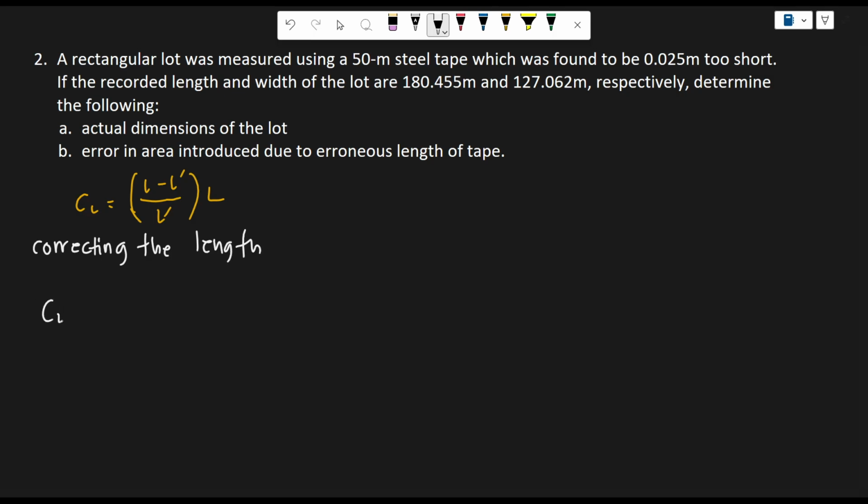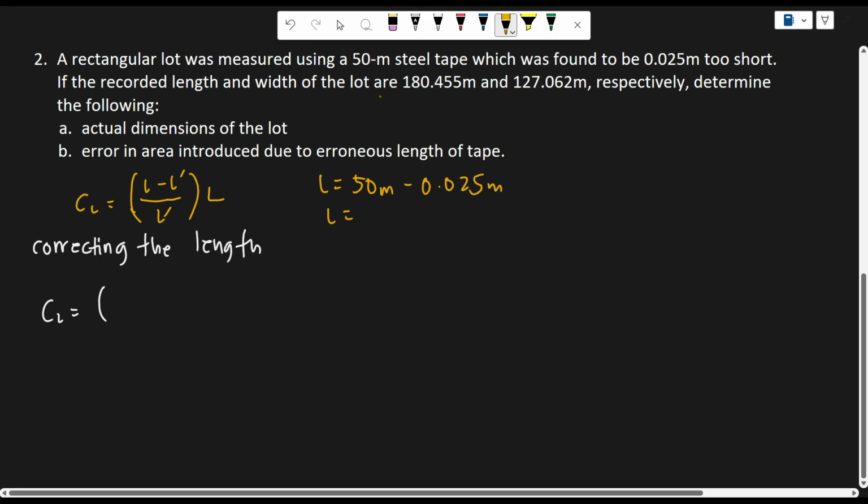So to apply the formula that we have, before we substitute, what is our L here? Our L, our given, is 50 meters and it's found to be too short. So that is 50 meters minus 0.025 meters. So that is our L. So what will we get?